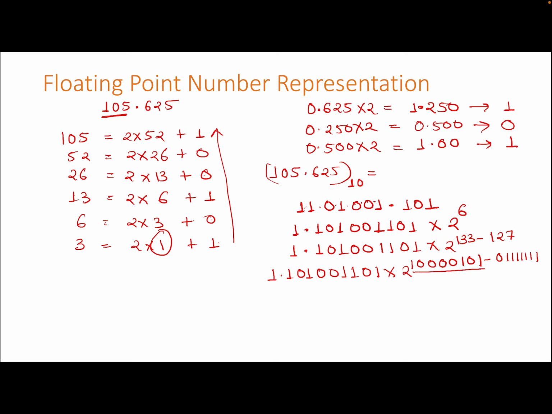Now this is my exponent part and this is my mantissa part, and since it's a positive number, my sign bit is 0. So I write this number as 0 as the sign bit, then 8 bits for my exponent.